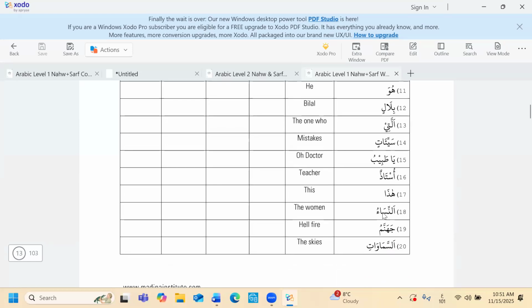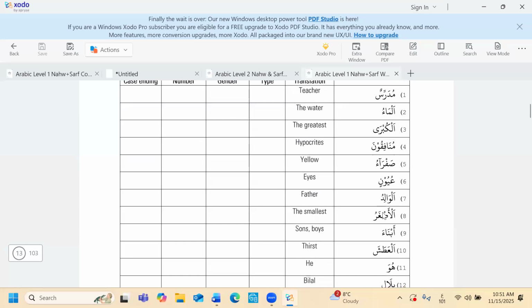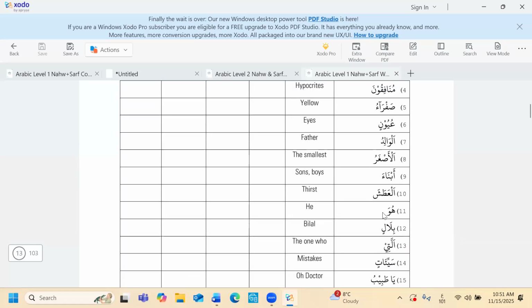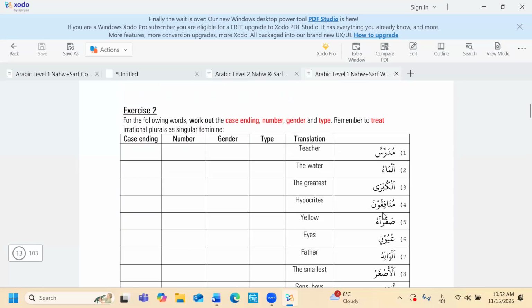So please remember them because I may forget. What were the numbers? 1, 4, 6, 11, 19. So let's do them in class: case ending, number, gender, and type. Jazakallah khair. Let's do them before we finish today.